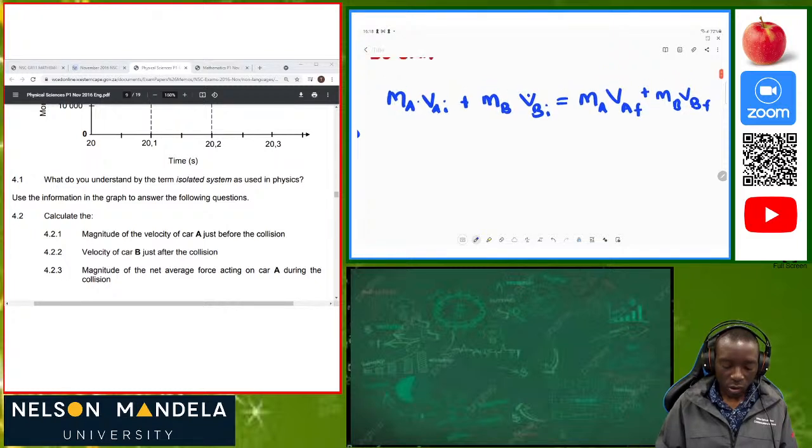The masses don't change. So take note, the directions are important here. You plug in the values of these quantities with their respective directions.